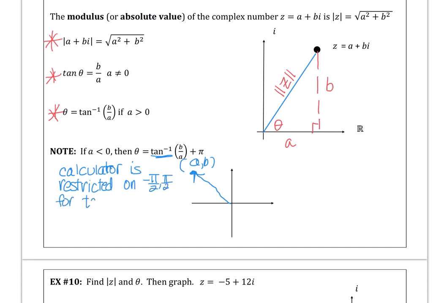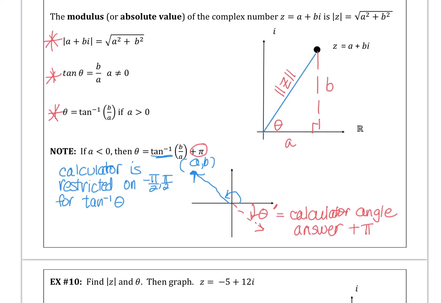So you have to remember that, and you need to adjust your answer, and the way you adjust your answer is adding pi. So if I get an answer on my calculator, and I'm down here, this is my theta prime answer, because the calculator is going to give me some negative angle, then I'm going to add pi to my answer in order to put me back to where I need to be, because this is the theta that I want.